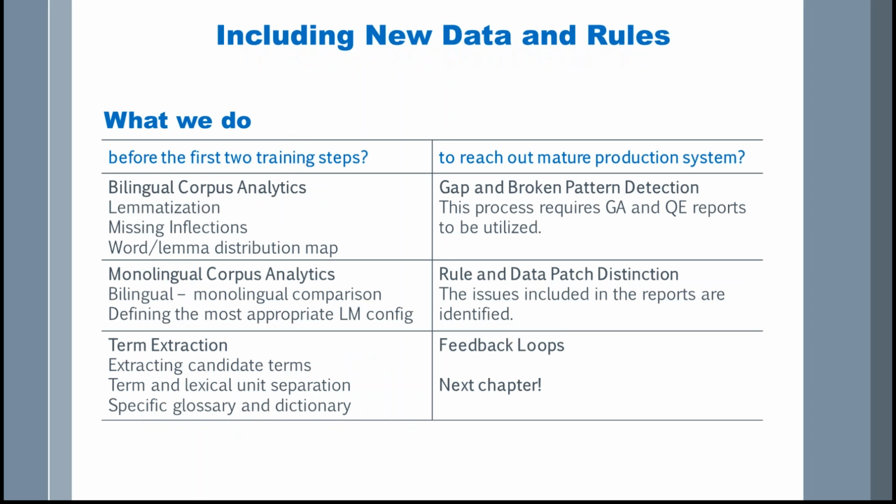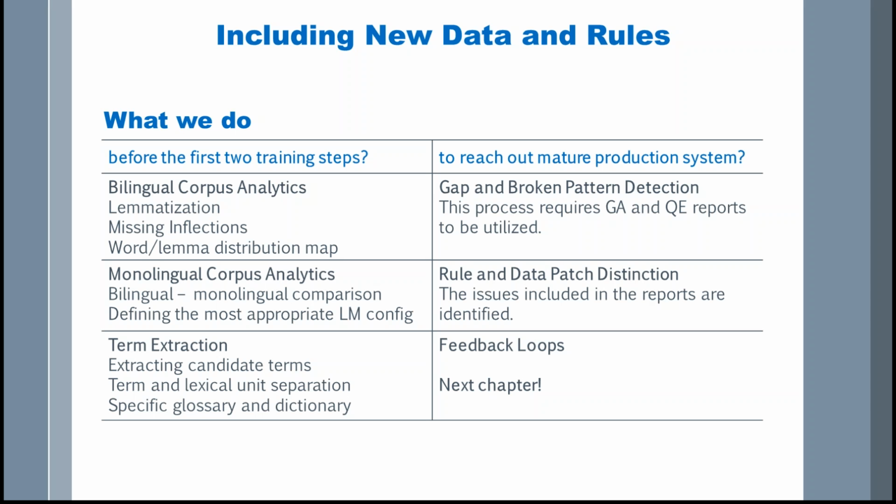So for the last item, you can see some procedures that we perform before the first two training steps, just to define and create the improvement plan, a realistic and objective improvement plan, and the way and the pace that we are going to take. And on the right side, you can see the procedures that we perform to reach mature production systems. It's much more related with the testing team's performance.